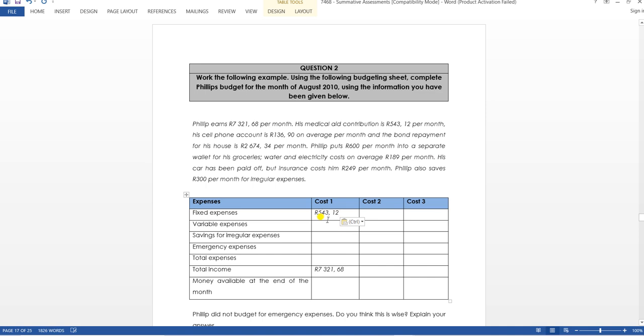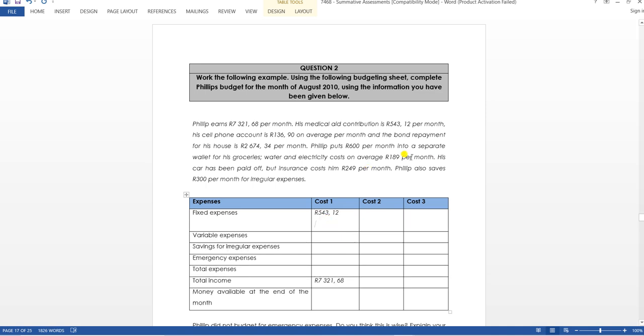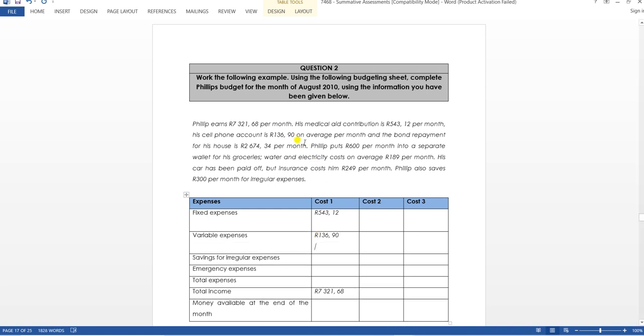It's cost 1. And his cell phone account, on average, is more of your variable cost. And the bond repayment for his house is 2,674.34.